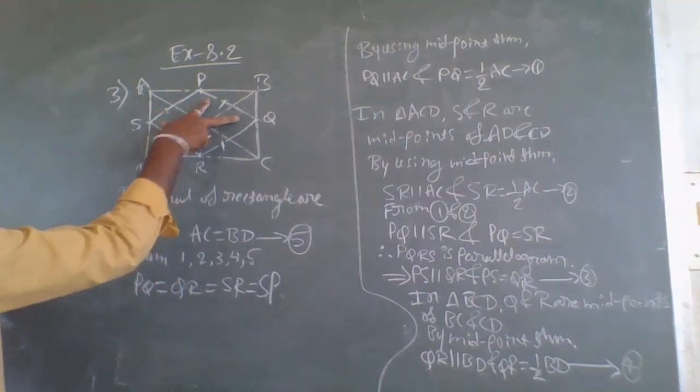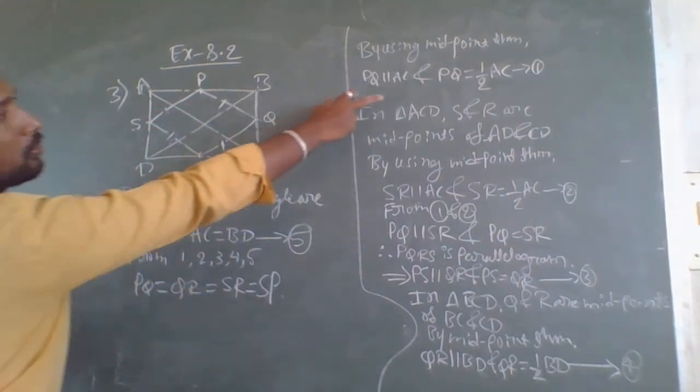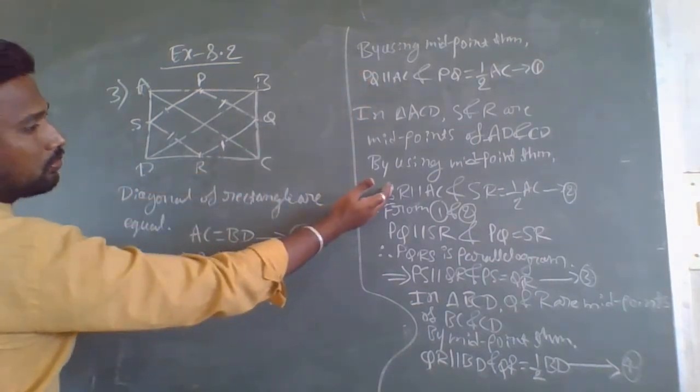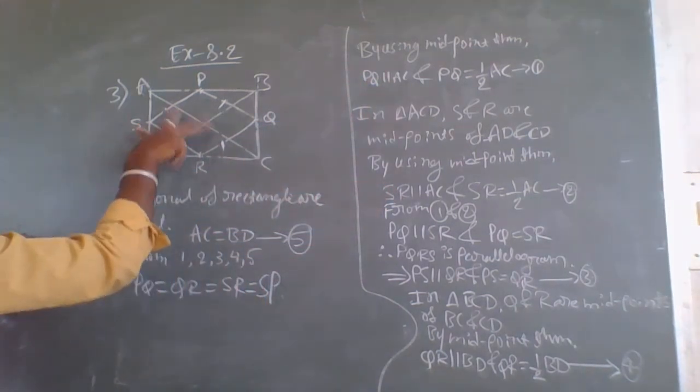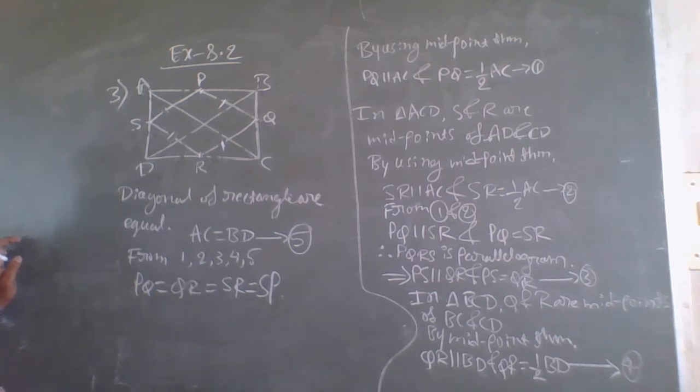Here, PQ is half of AC. That is what we got in the first one. In the second one, SR is half of AC.